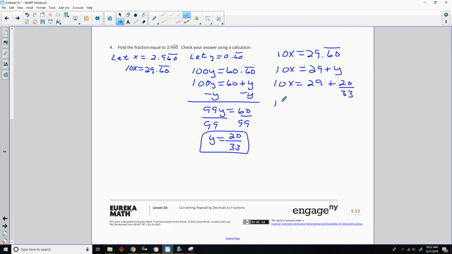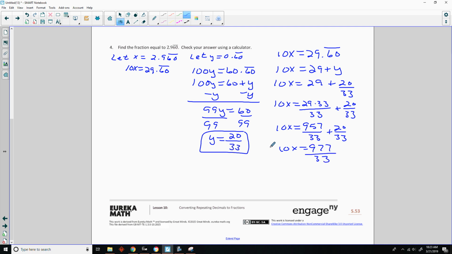So 10x equals 29 times 33 over 33 plus 20 over 33. So 10x equals, hey Siri, what's 29 times 33? 29 times 33 is 957. So that's 957 over 33 plus 20 over 33. So 10x equals 957 plus 20 is 977 over 33.